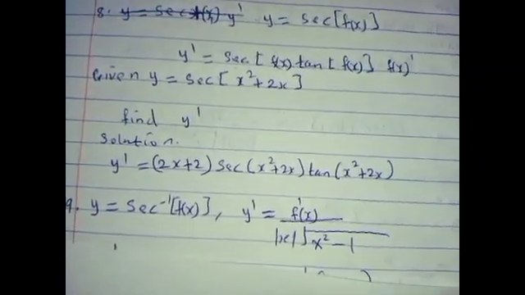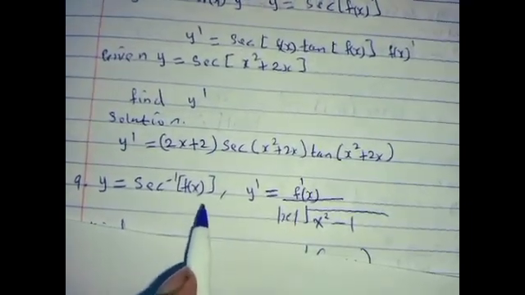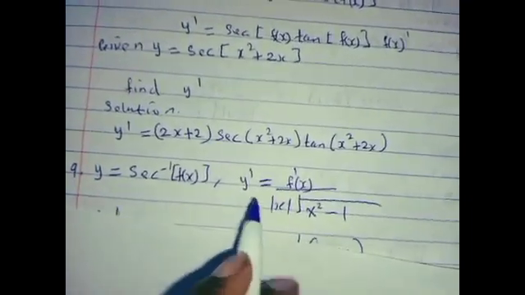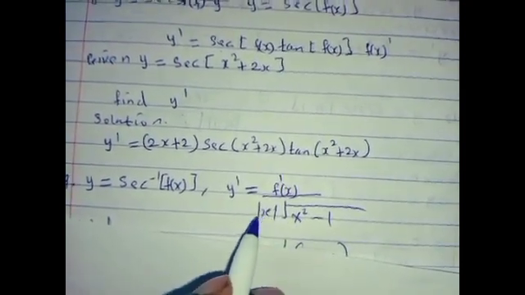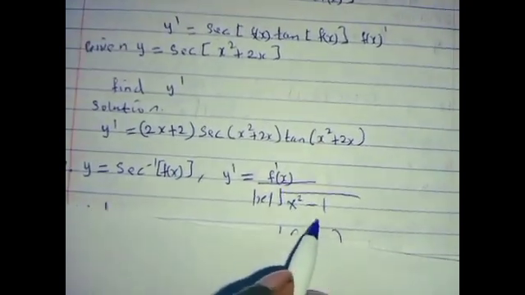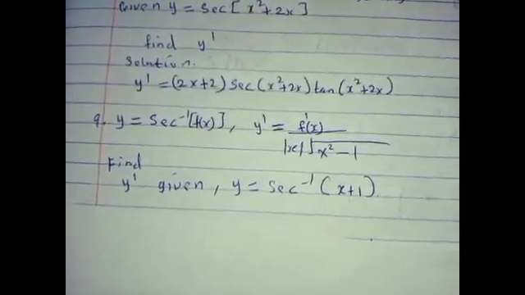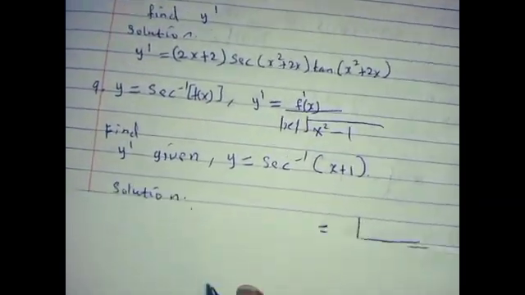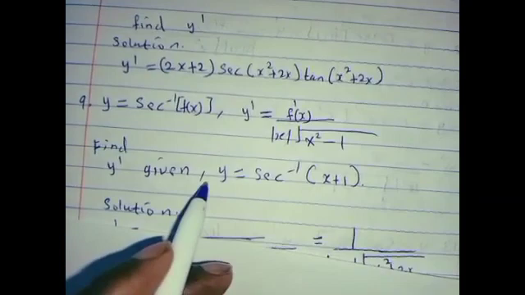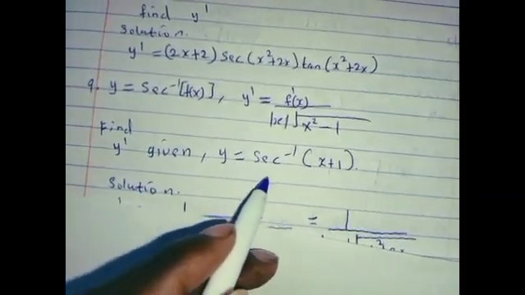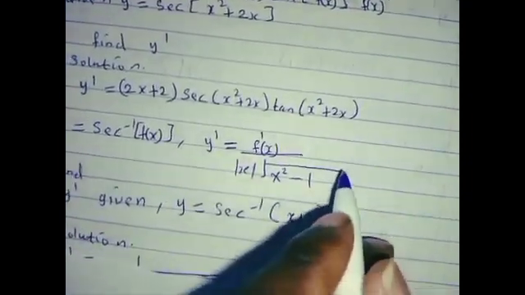Number 9, y is equal to sec inverse of f of x. The result will be y prime is equal to f prime of x divided by modulus of x times the square root of x squared minus 1. So we do an example.